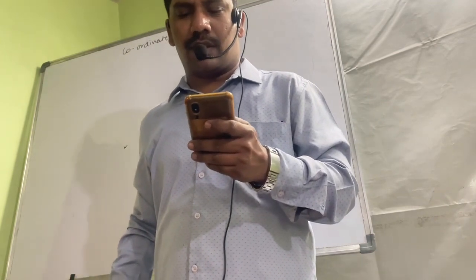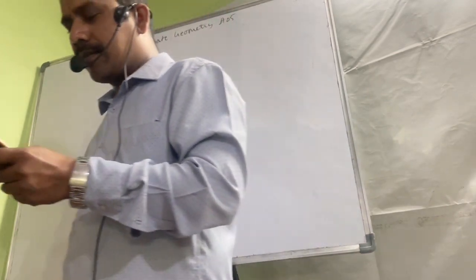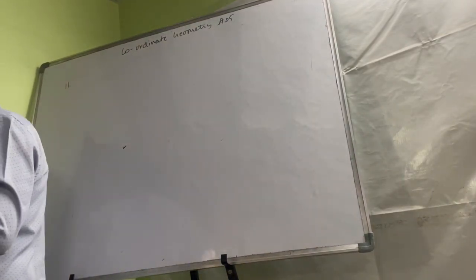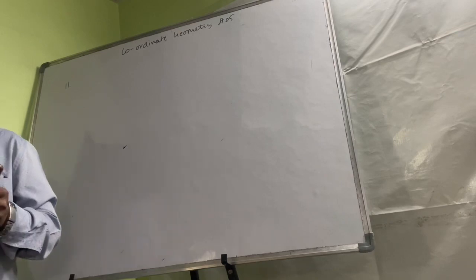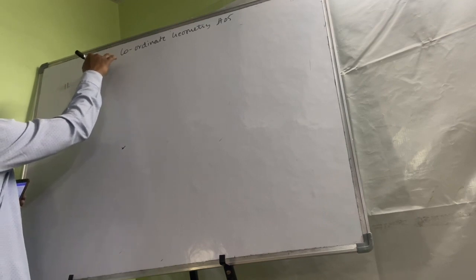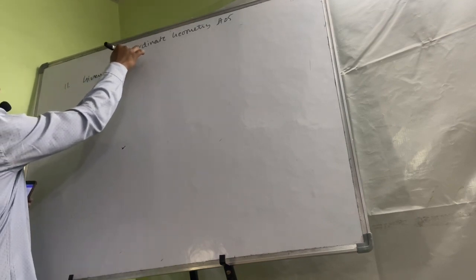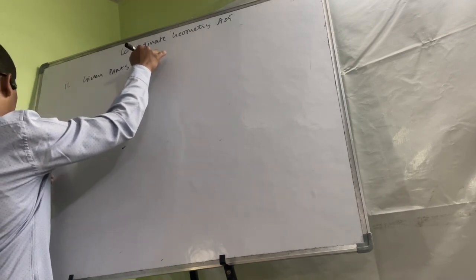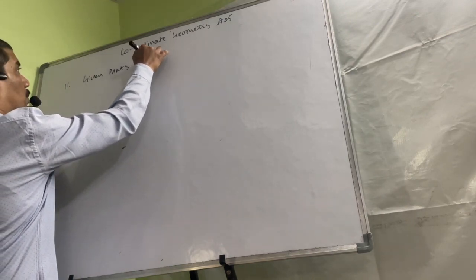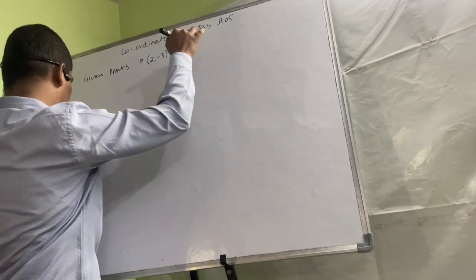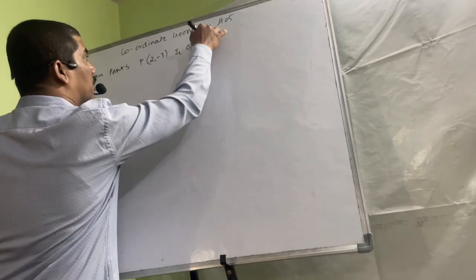Okay, so now look at everyone. In this video we'll solve question number 11 first. They are saying find the value of y with the distance between 2 points. Already I told you this type of question yesterday. Two points are given: P (2, -3) and Q (10, y).